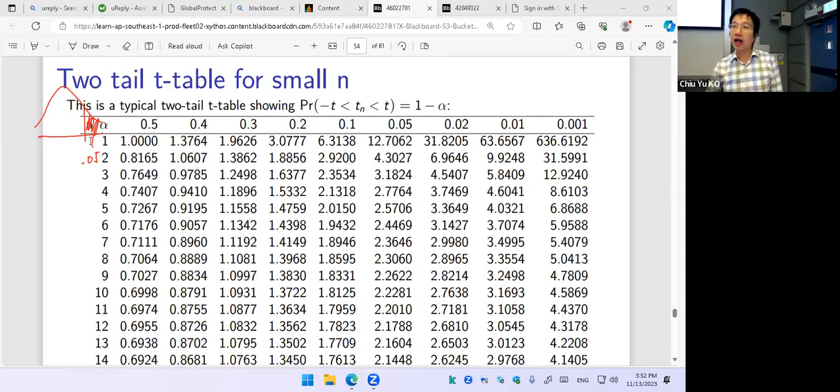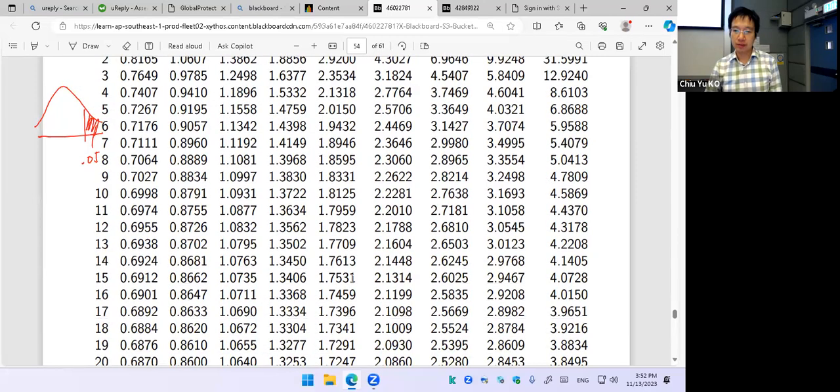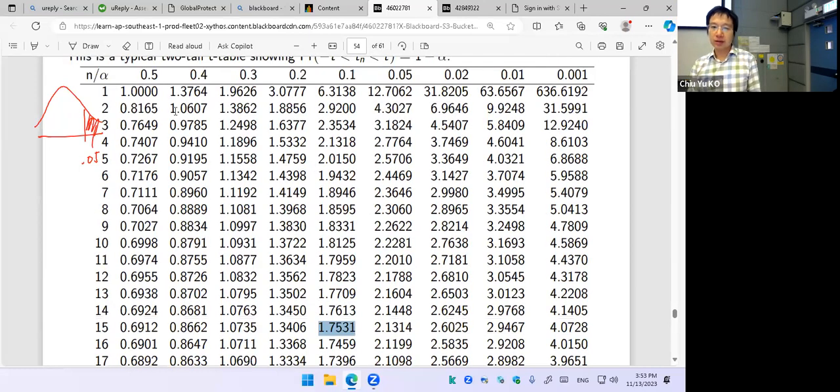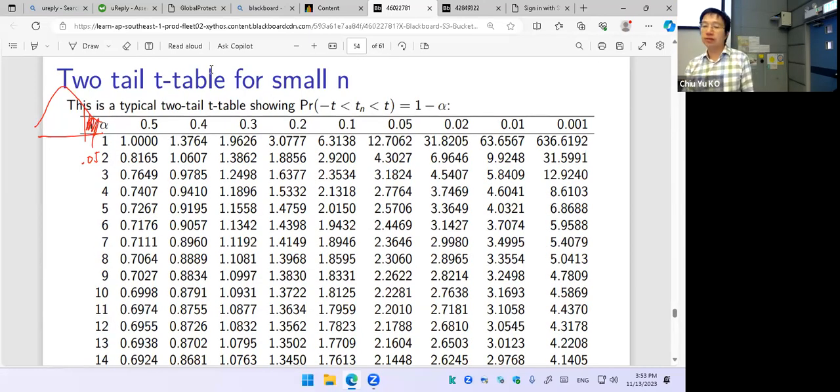I have one tail at 5%, so I look at two tails at 10%, because this is a two-tail table. So that's why I look at this number. Of course, you can pick whatever table you like, that's fine, but this is the table I give, the two-tail one. Make sure that you pick the right table. You can pick the table that you know how to work with, because you don't have to use mine. You can create your own in Excel.